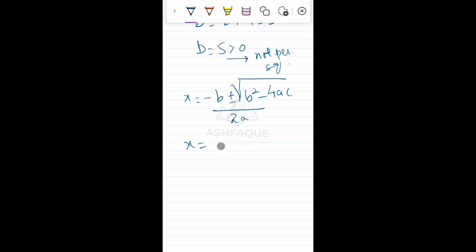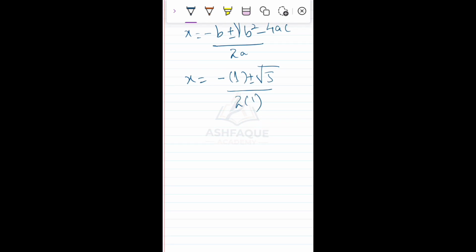So x is equal to minus 1 plus minus under root 5 upon 2 into 1. So the final answer will be x is equal to minus 1 plus minus under root 5 upon 2. So that is the answer.